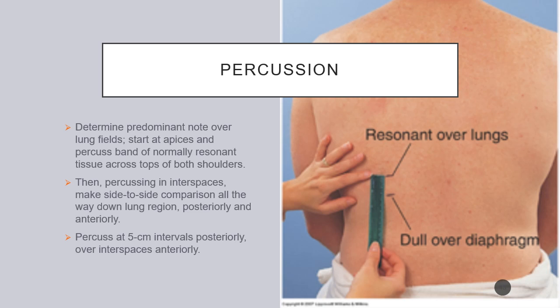Then you have the patient inhale, and you again percuss to see where it moves from resonant to dull, and that tells you where the diaphragm is at its lowest, and that gives you a measurement of diaphragmatic excursion. In 27 years, I've never seen anyone do this, and I've never been asked to do it, so I can't tell you that it happens frequently, but it is a thing. So if you ever want to try it, let's do it.